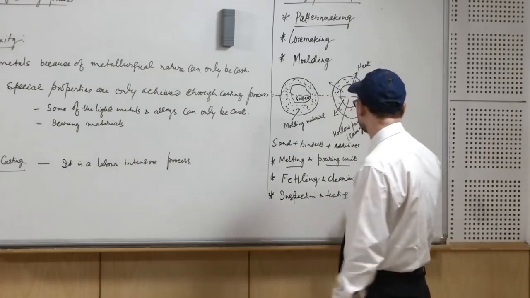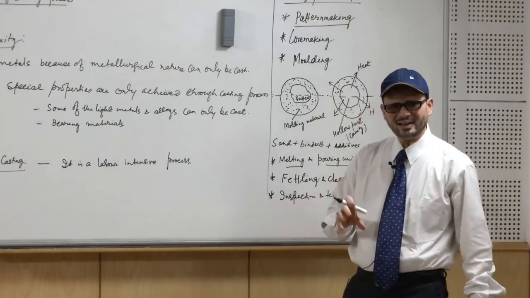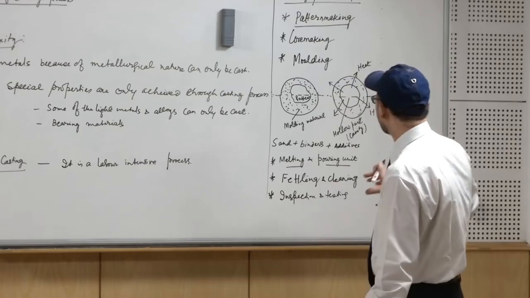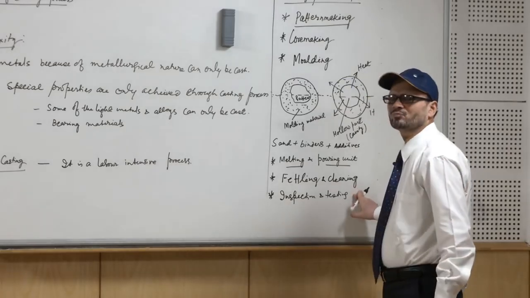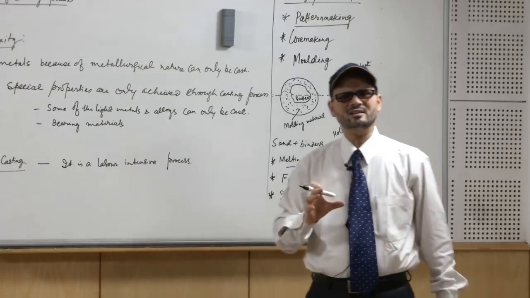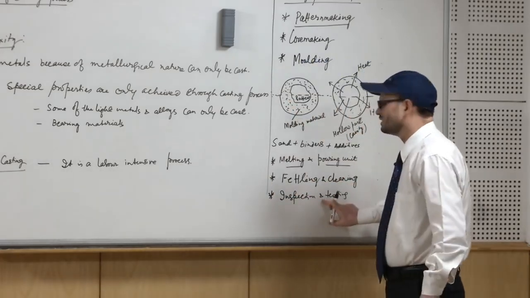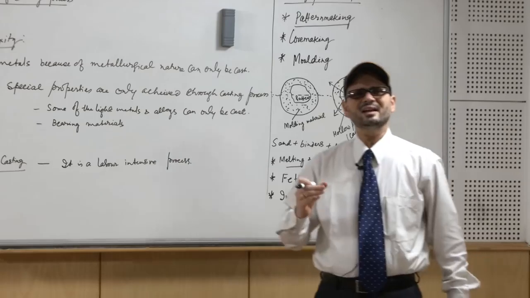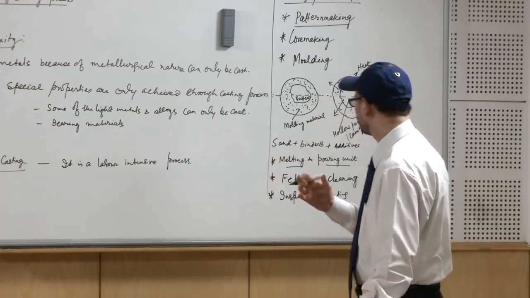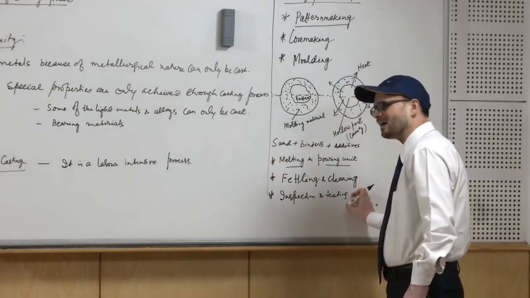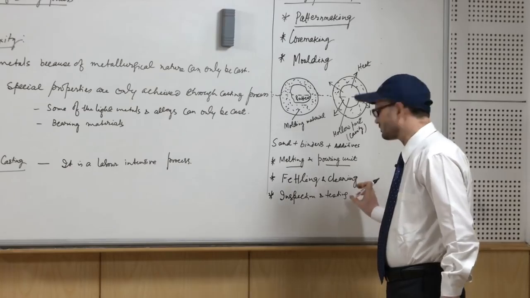The defects may be on the surface, it may be inside it. So, there are different type of techniques, destructive and non-destructive techniques, by which we ensure that the material which you have cast has adequate properties, it does not have any defect, either surface or subsurface defects.